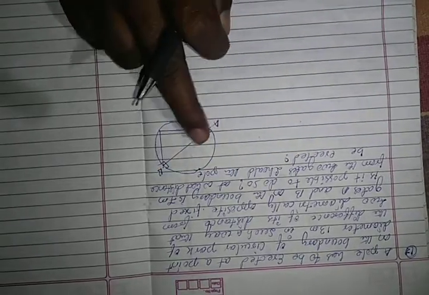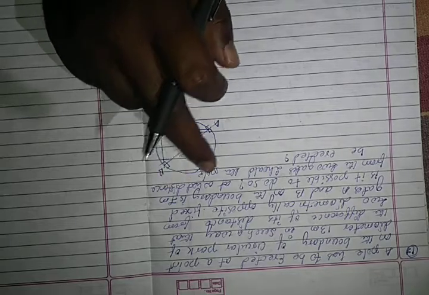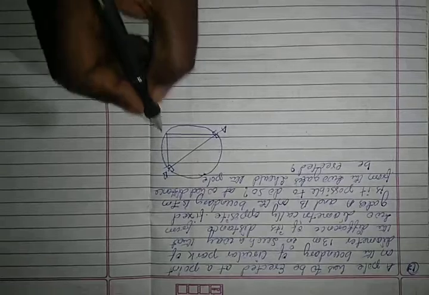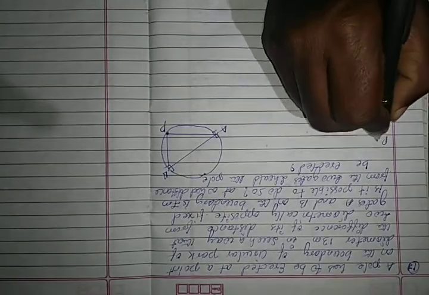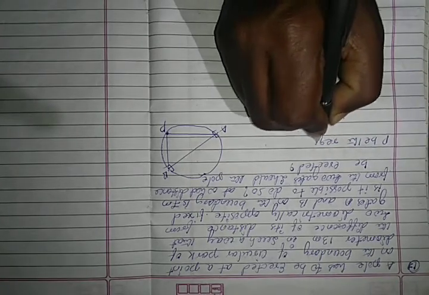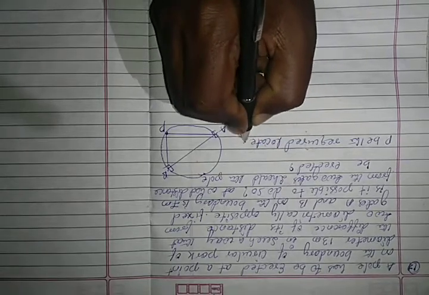So A and B are two gates, and AB is the diameter. Let P be the required location.